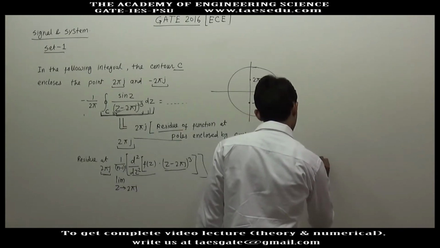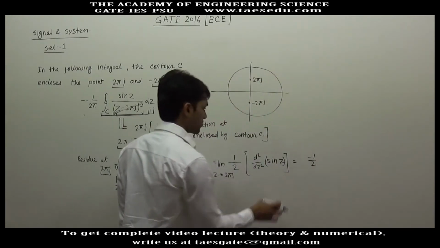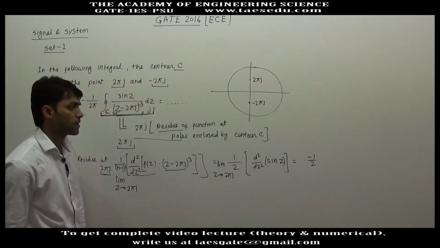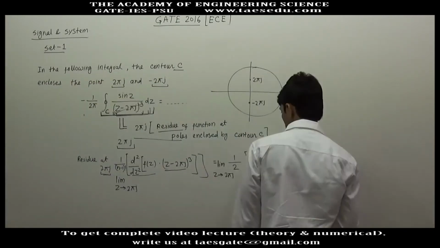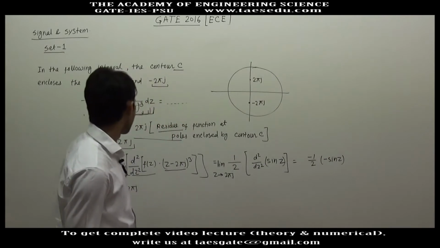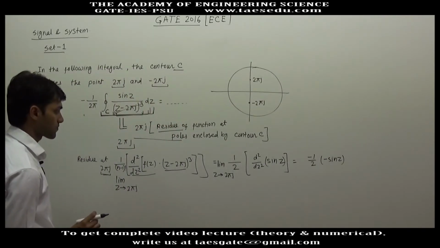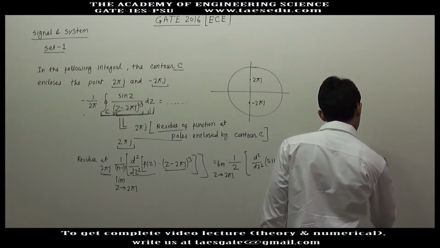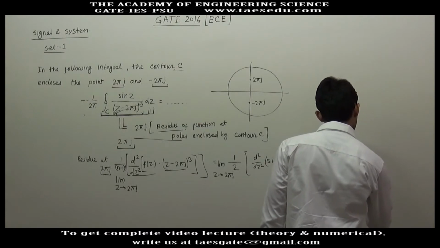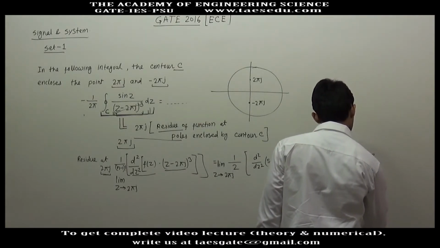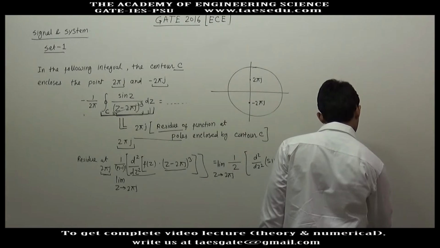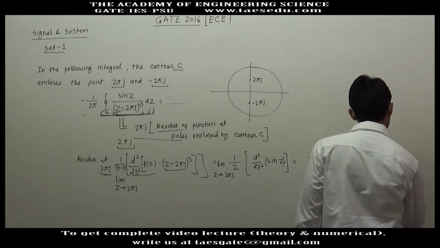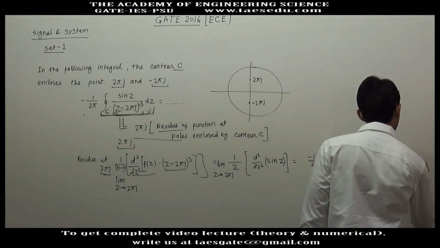So this will give you minus 1 by 2. The double differentiation of sin z will be minus sin z, and limit z tends to 2 pi j. So this is 1 by 2 sin 2 pi j.